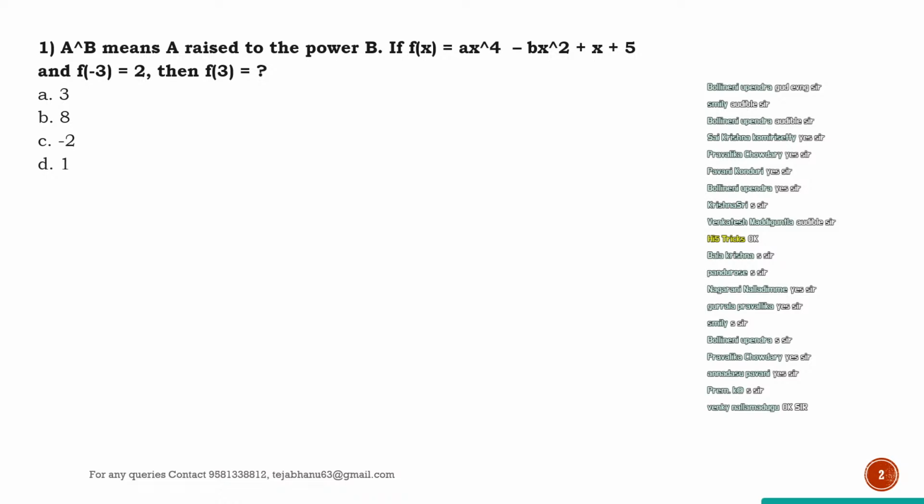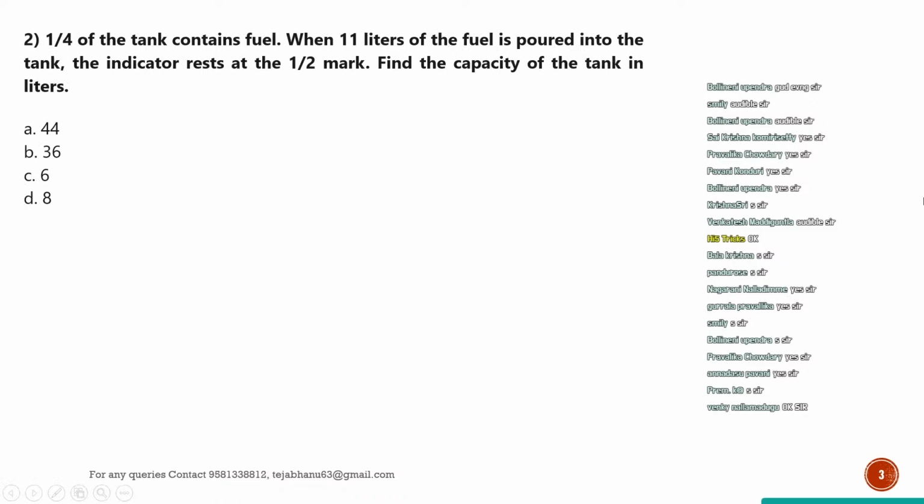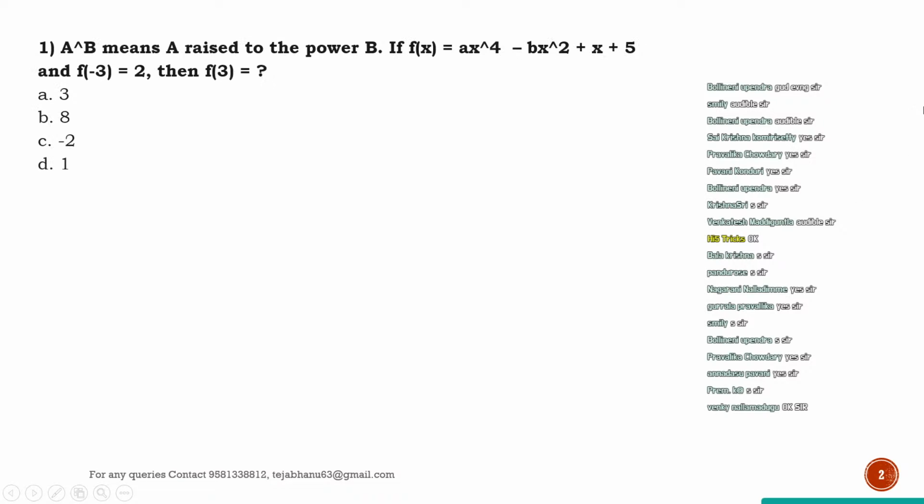See, a to the power of b means a raised to the power of b.